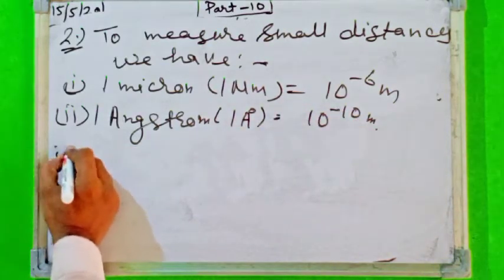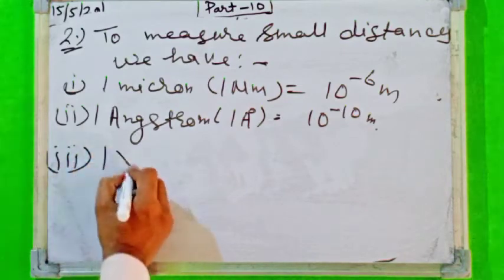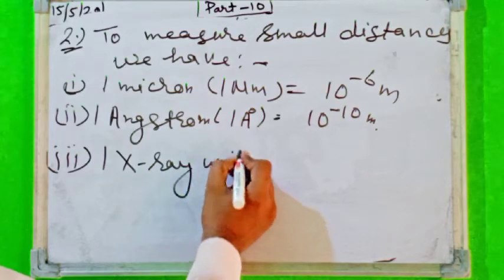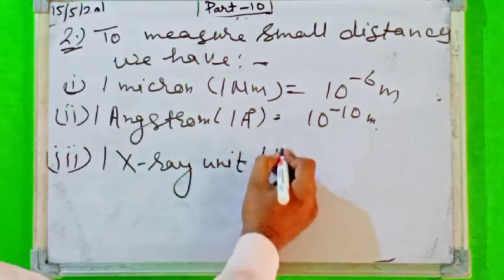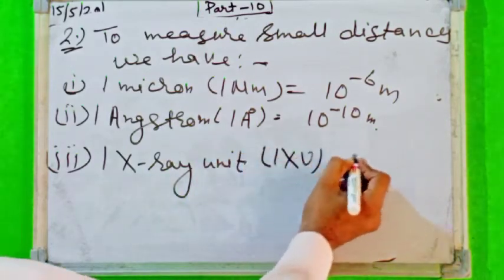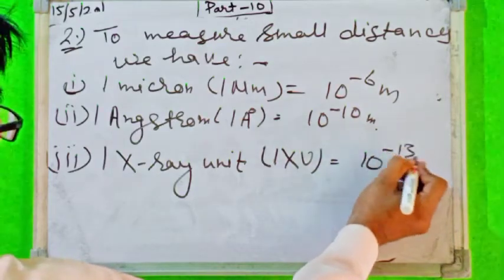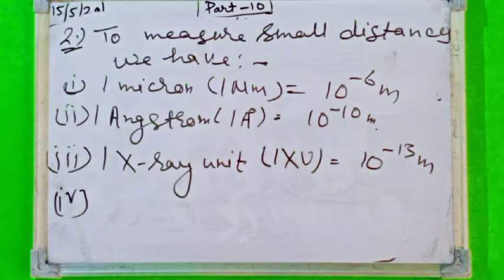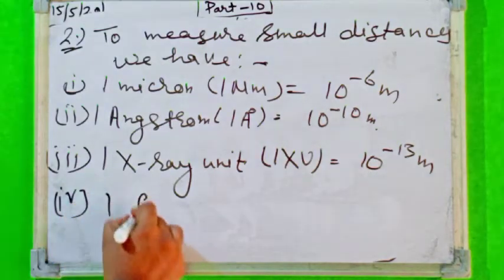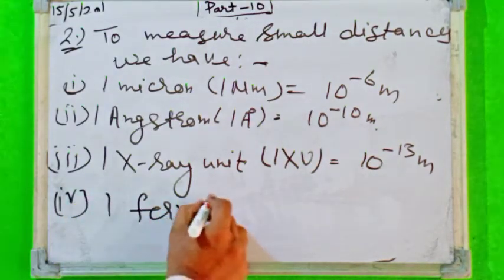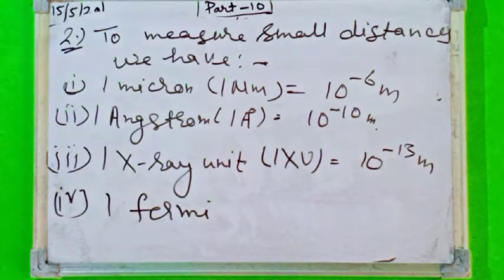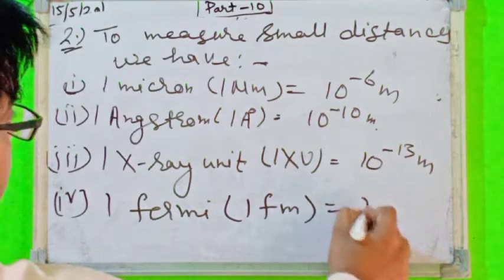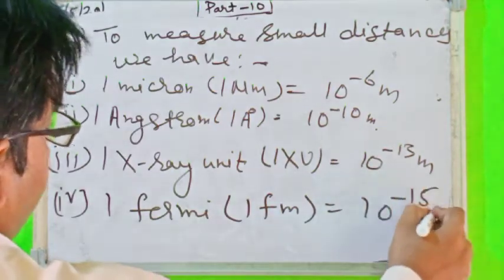Third, 1 X-ray unit, 1 XU, it is equal to 10 to the power minus 13 meter. And 1 Fermi, also called a femtometer, 1 fm is equal to 10 to the power minus 15 meter.